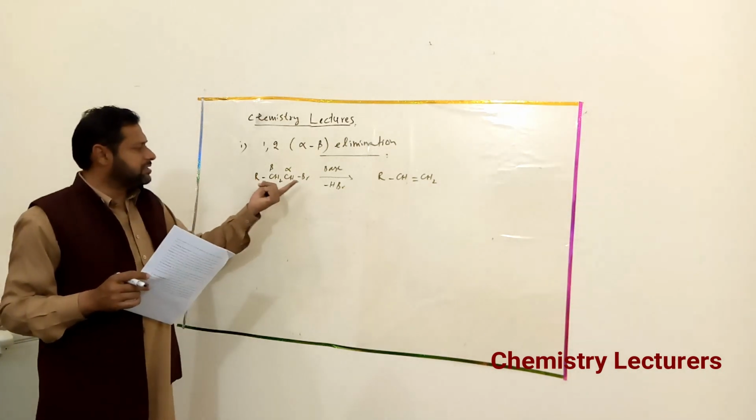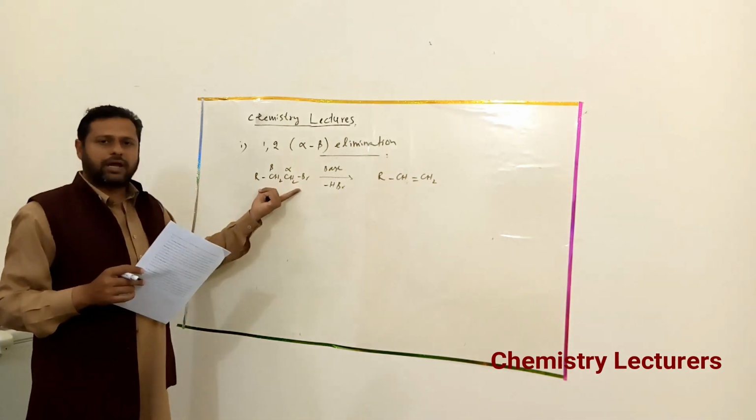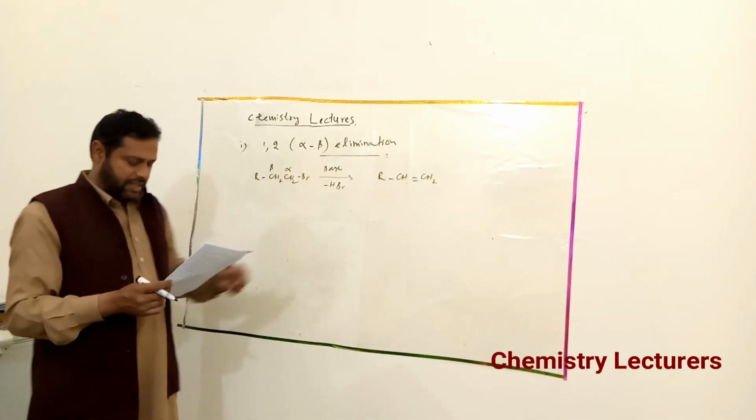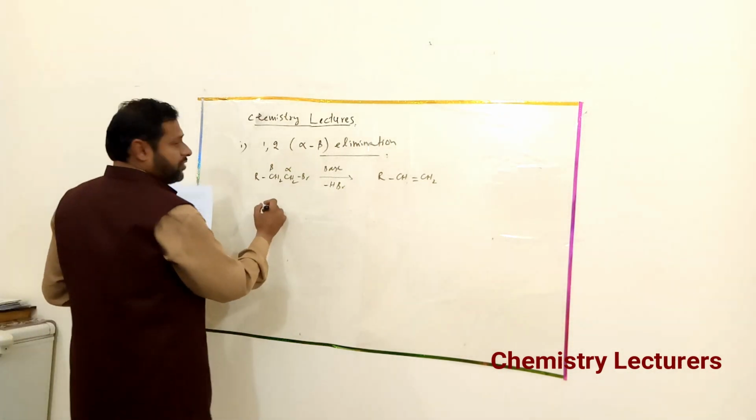The first example is the removal of hydrogen bromide, HBr, from an alkyl halide in the presence of a base. The second example is the removal of water from an alcohol in the presence of acid.